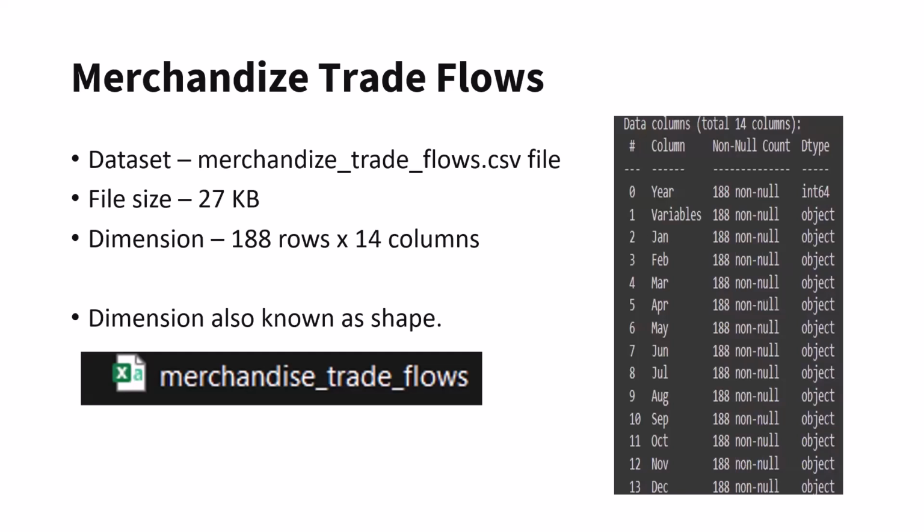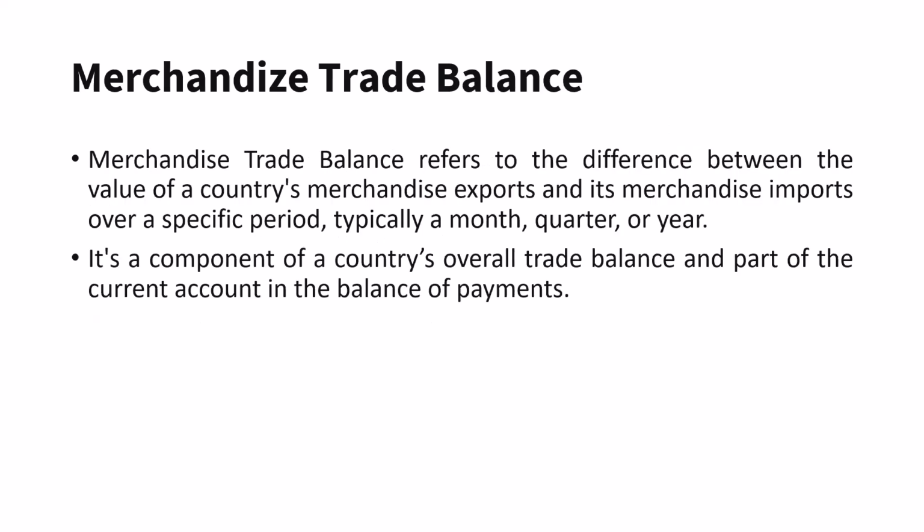And then we saw that the data set contained various columns like year, variables, January, February, March, all the way to December. We also talked about merchandise trade balance, where we said the trade balance refers to the difference between the merchandise exports and the merchandise imports.